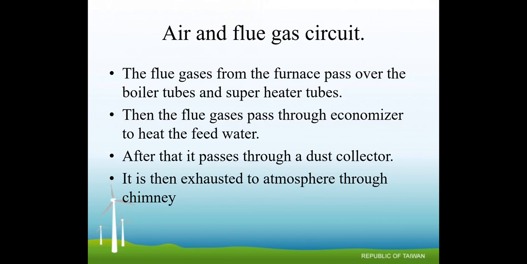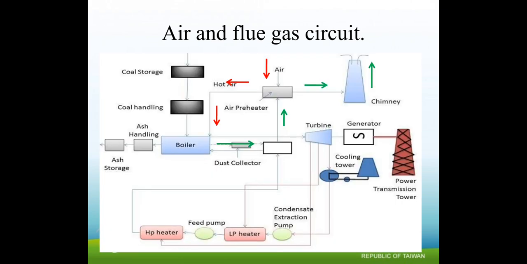Here the economizer is used to heat the feed water. After that it passes through the dust collector, and then the exhaust goes to the chimney. The chimney transfers the exhaust gas to the atmosphere. The flue gas preheats the air.